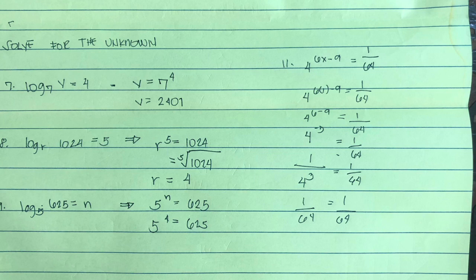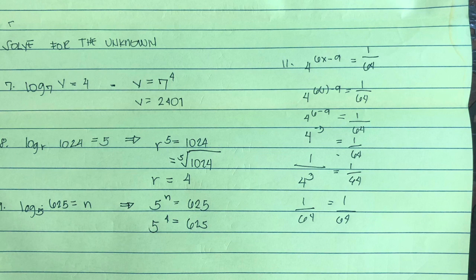By the rule for exponents, we need to have a positive exponent. So we would transpose the negative 3. How do we do that? We need to convert it into a fraction. So that would be 1 over 4 cubed is equal to 1 over 64.